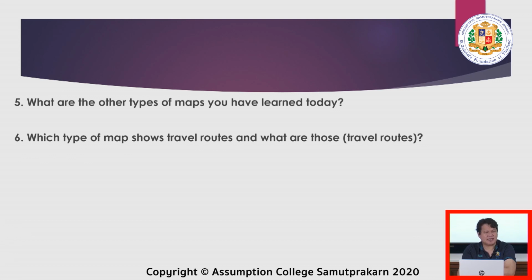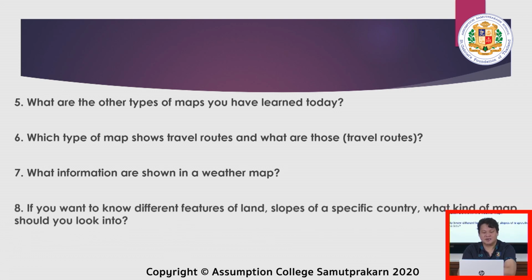Sixth, which type of map shows travel routes? And what are those travel routes? Number 7, what information is shown in a weather map? What does a weather map show? Eighth, if you want to know different features of land, slopes, what kind of map should you look into?